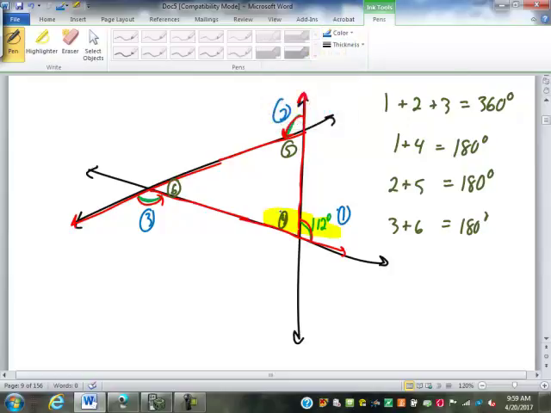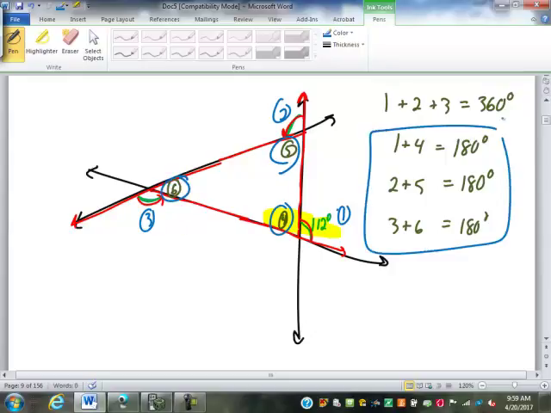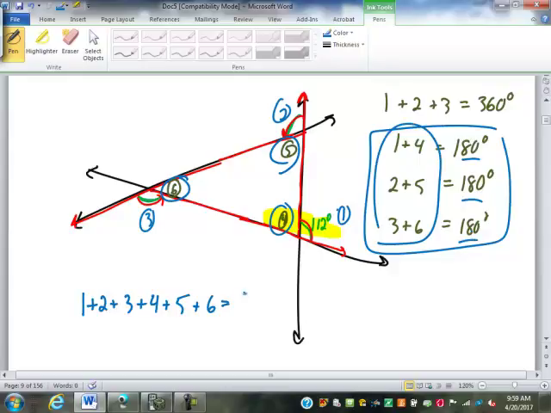Well, it would be nice if I could figure out what 4, 5, and 6 add up to. So if I combine these here, if I add all of those together, what's 3 times 180? 540 degrees, right? And I'm going to take away 1, 2, and 3. I have to subtract 360 degrees.